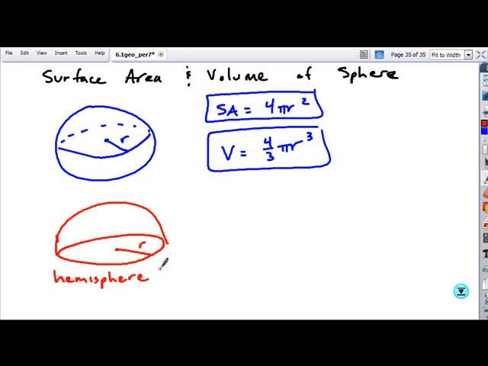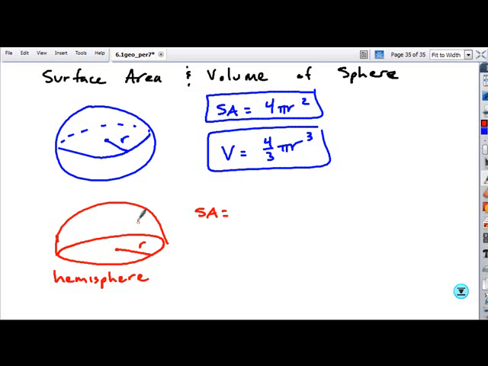Okay, but in dealing with a hemisphere, its surface area is going to be composed of both the curved portion and the base. So if you take a sphere and cut it in half, not only do you have the area of the curved portion, but you have this flat circular surface also.